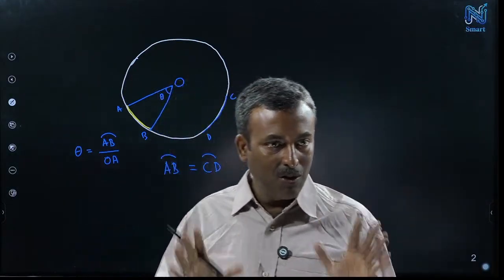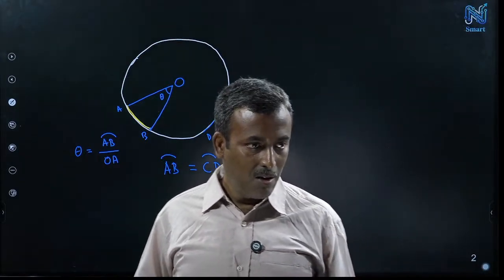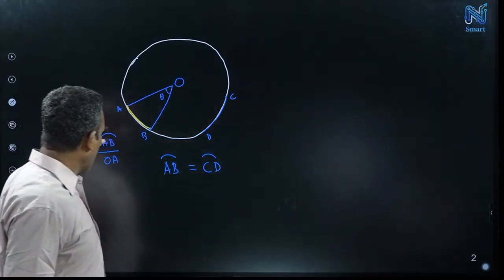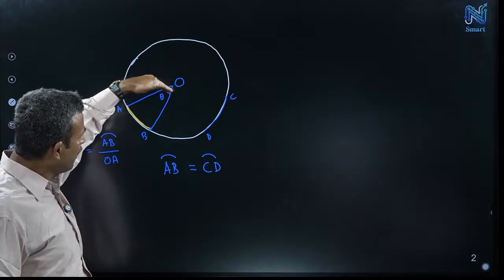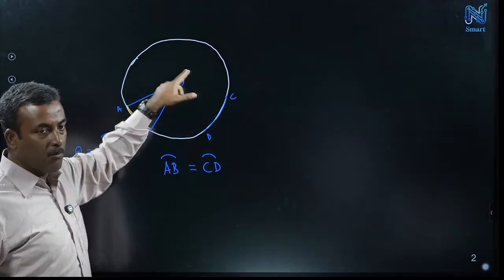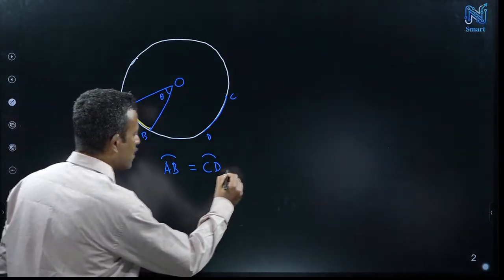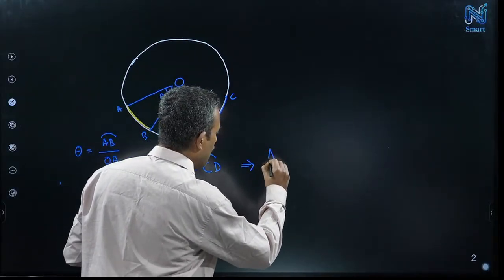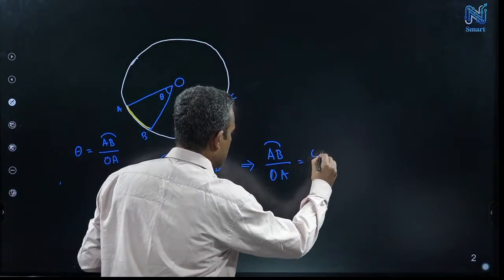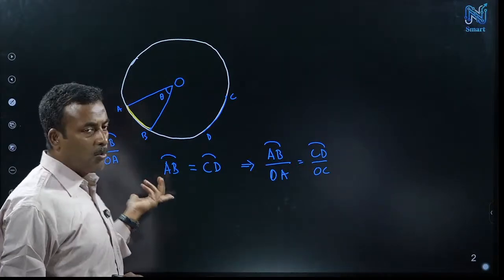In a circle, there are actually two important things. One is that all the radii are equal, and the other is that the angle theta is defined like that. So if the arc length is equal, whether here or there, and the radius is equal everywhere, then the arc length AB divided by OA is the same as the arc length CD divided by OC, because OC and OA are equal, both being radii.